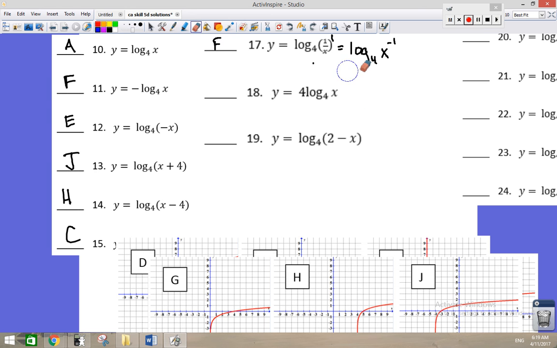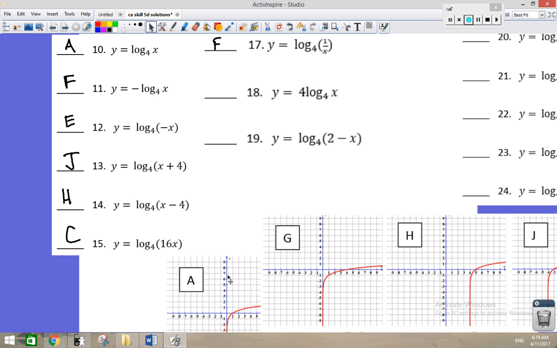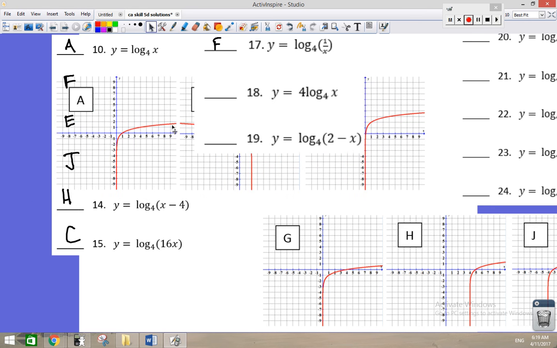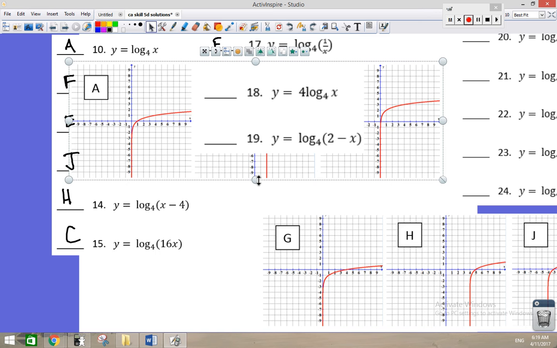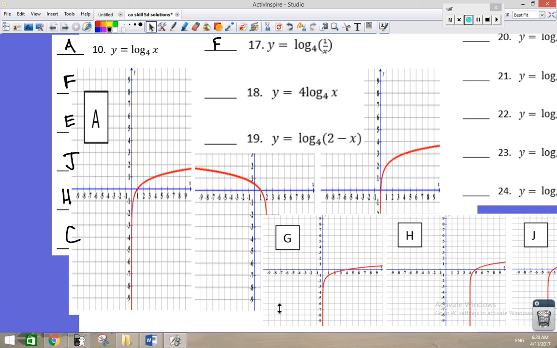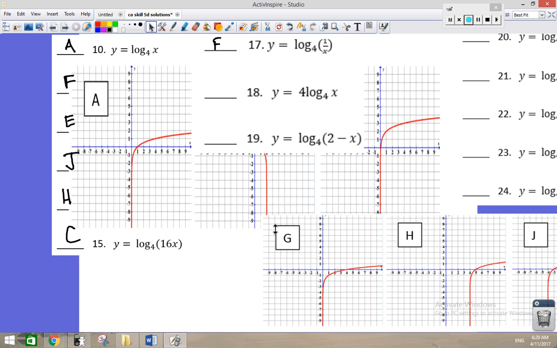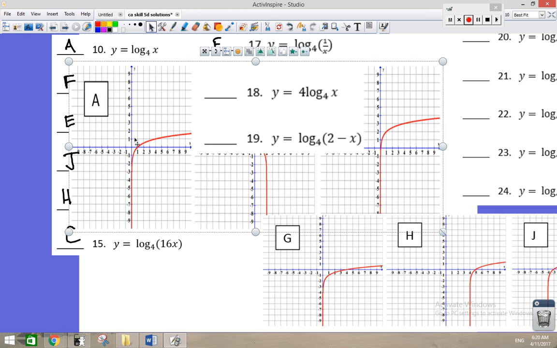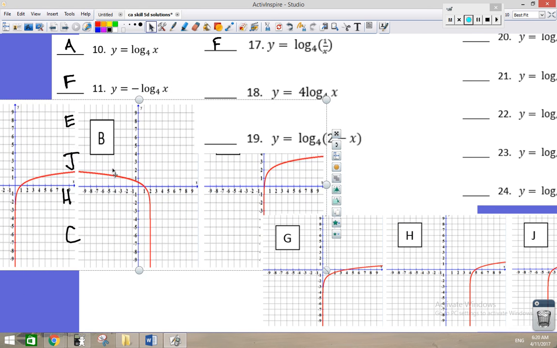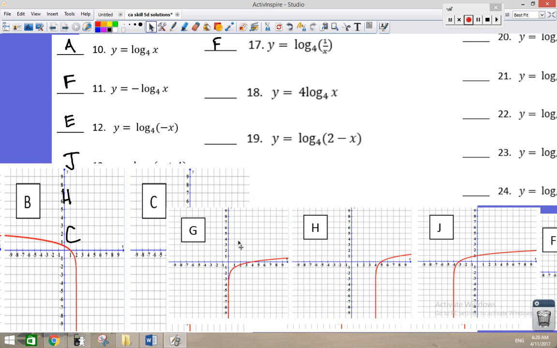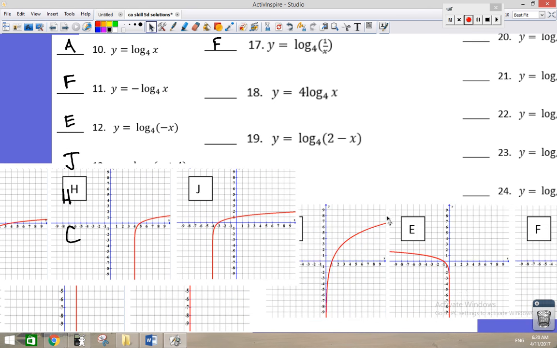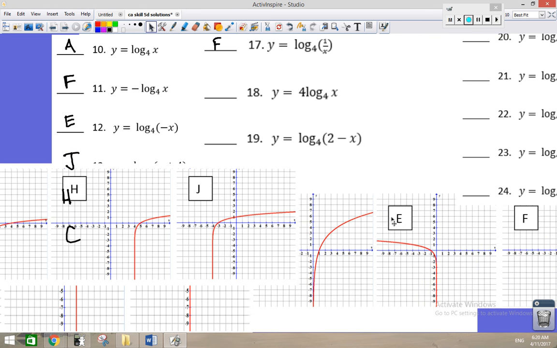This 4 is a vertical stretch. So let's look at the graph of A, and if we stretch this vertically, it's like that. But let's see, this 4, 1 is going to be 4/16. So let's see. I don't see that though.